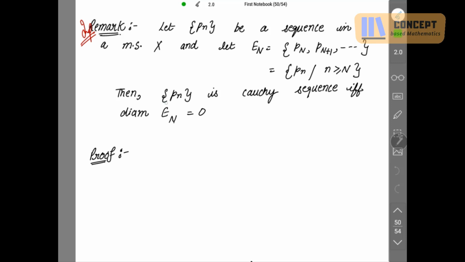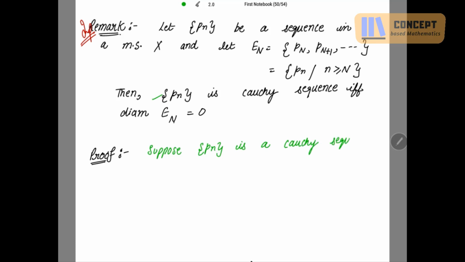Suppose Pn is a Cauchy sequence. Let's start from here. Now writing the definition for the Cauchy sequence.